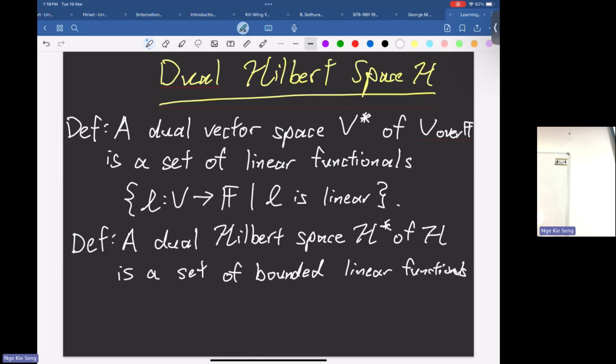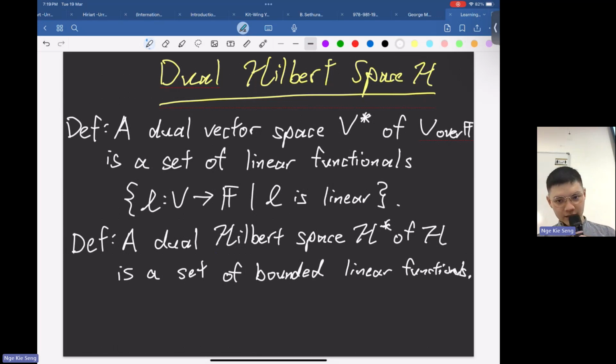So what do you mean by bounded here? What does bounded mean to you? Can you guess what thing is bounded here? So the linear functional is bounded. So how do you bound a linear functional?